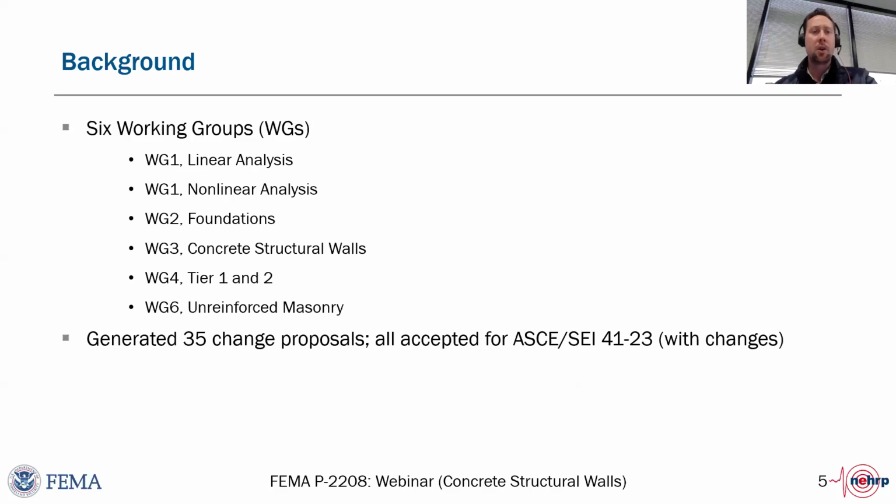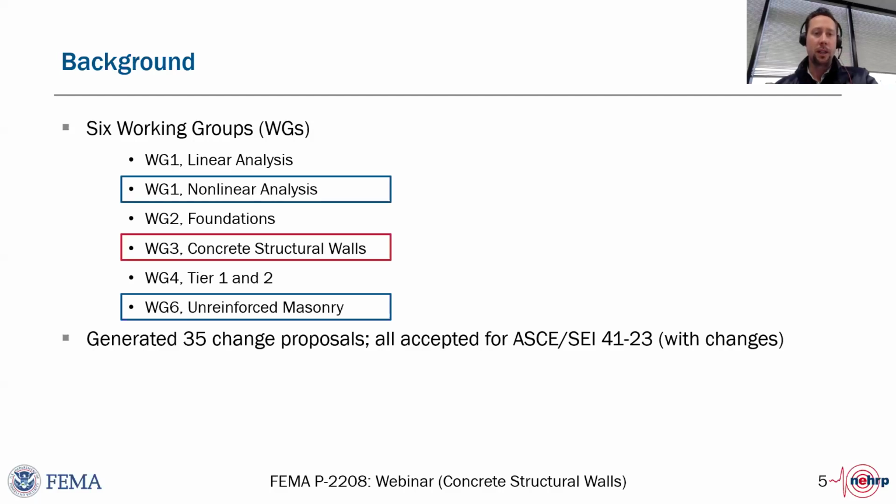So of those working groups for the technical members that were developing this technical background, there were 6 different working groups. There were linear and nonlinear analysis working groups, foundations, concrete structural walls, which is the relevant one for today. There was a group that looked at the tier 1 and tier 2 procedures, as well as unreinforced masonry.